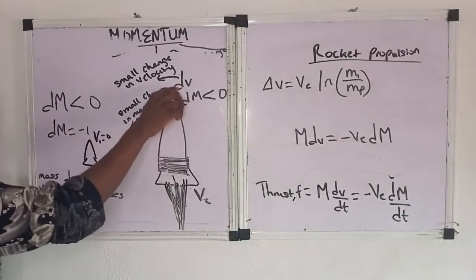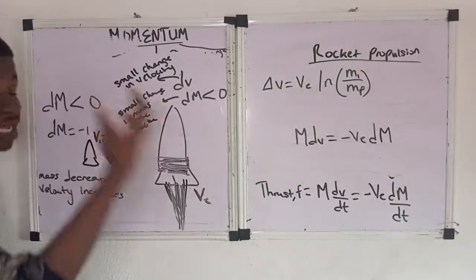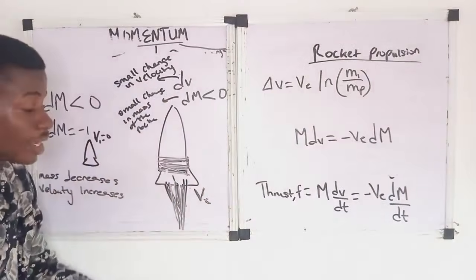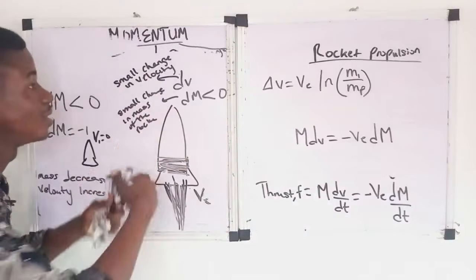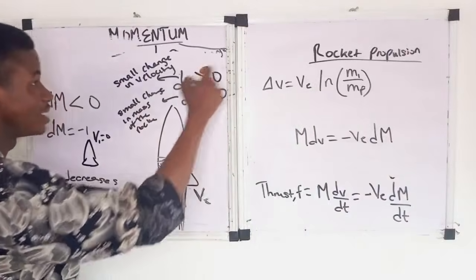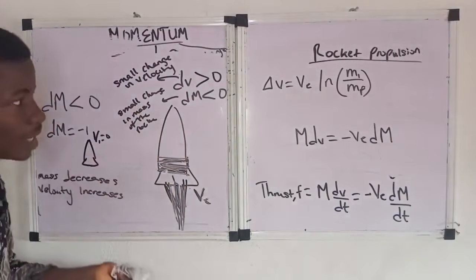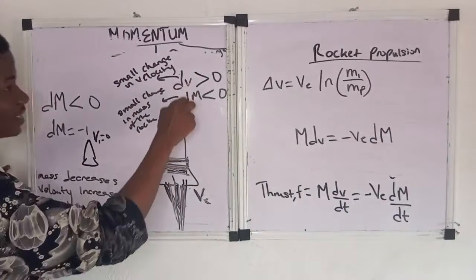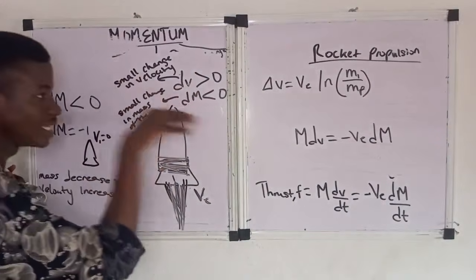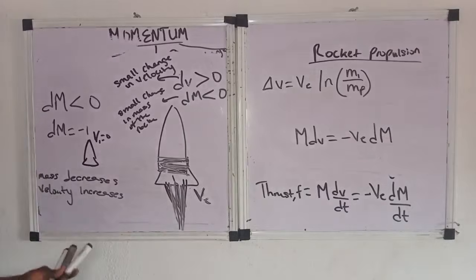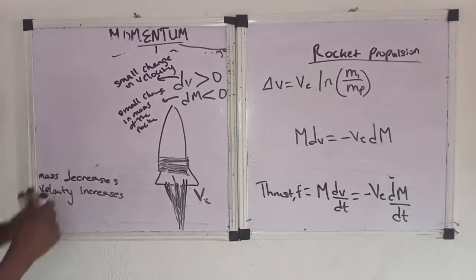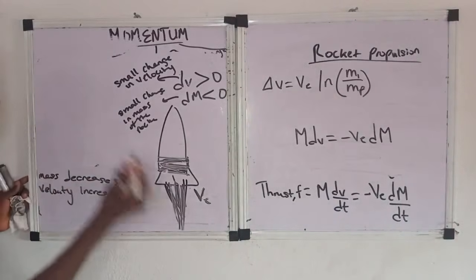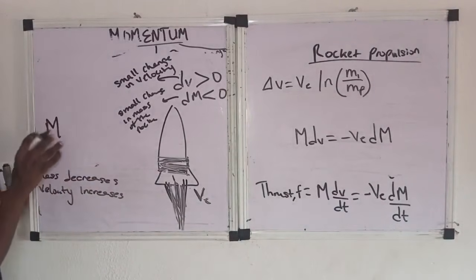Then as the fuel starts burning, the velocity of the rocket starts increasing little by little, so dv is greater than zero. dv is positive, dm is negative. So that will tell you that when we launch the rocket, remember I told you guys this is the mass of the rocket initially.